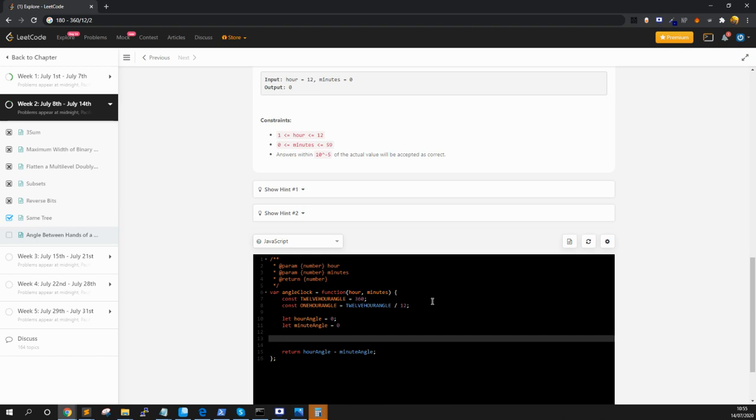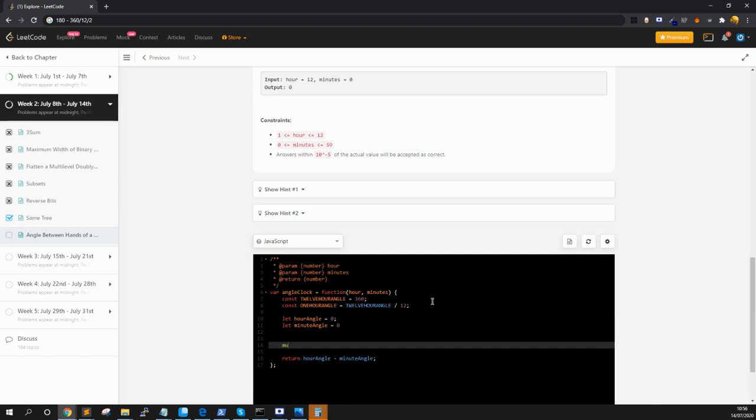So the minute angle, because that's the simplest, would be equal to 360, which is our 12-hour angle, which I'm just going to copy and paste.